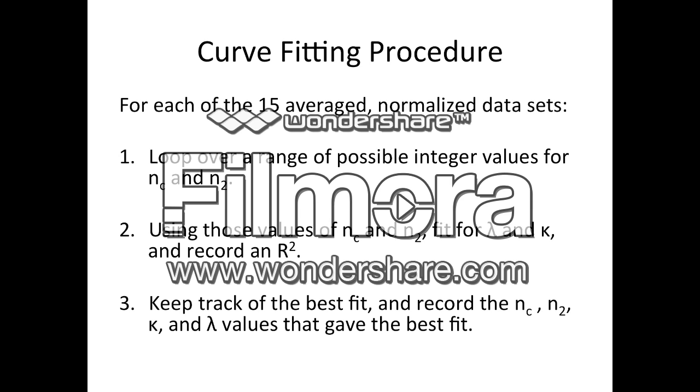We can then keep track of the best fit we've seen so far and record the NC, N2, kappa and lambda values that gave that best fit. So at the end, we will have, for each one of the 15 normalized data sets, values for NC, N2, kappa and lambda that gave the best fit.